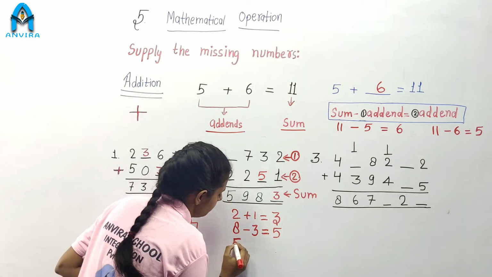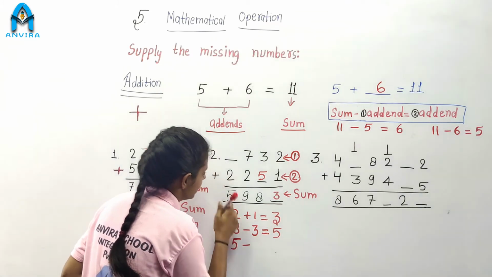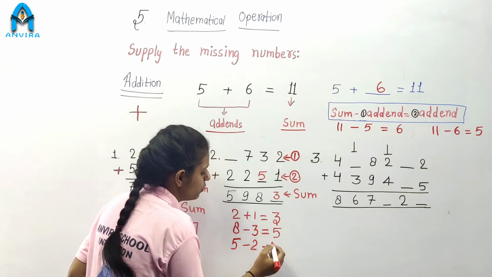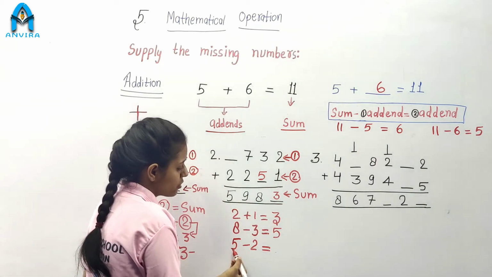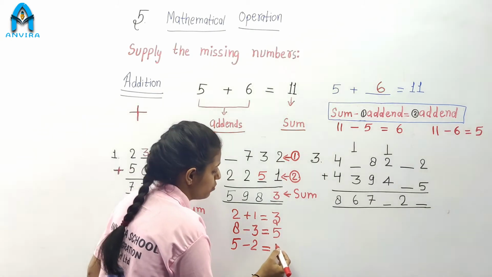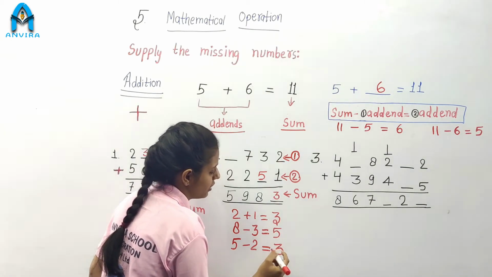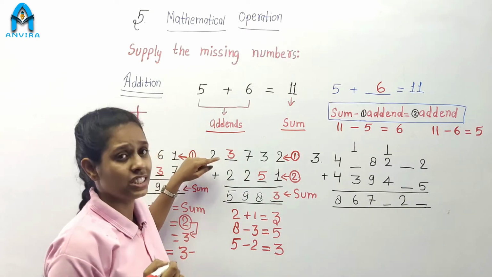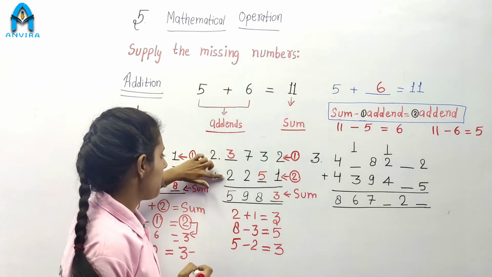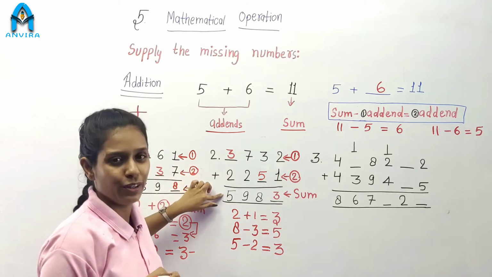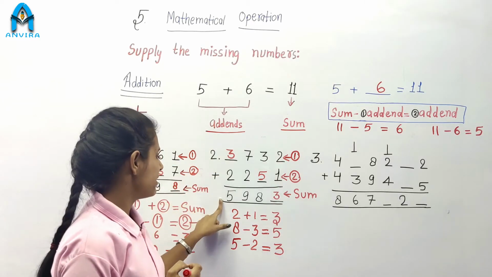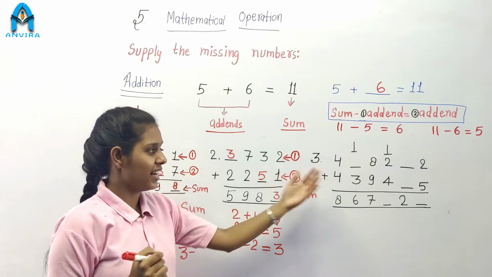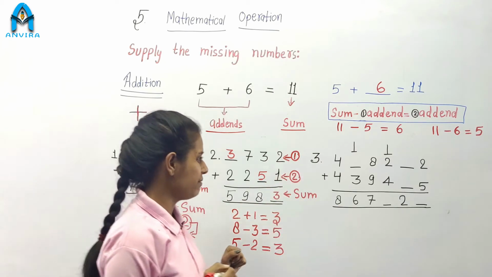So, sum minus addend is equal to first addend. So 5 minus 2 is 3. So our first addend is 3. Let's check. 3 plus 2 is equal to 5. This is our correct answer. Just like this, let's go to our next question.